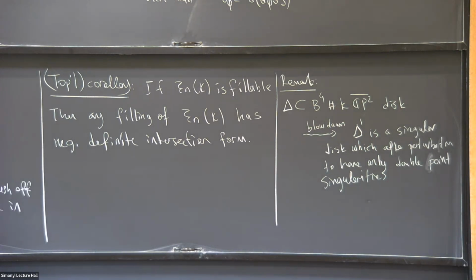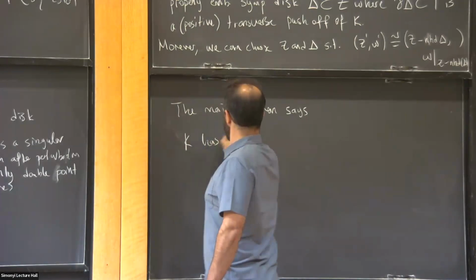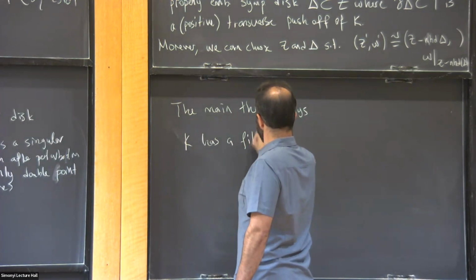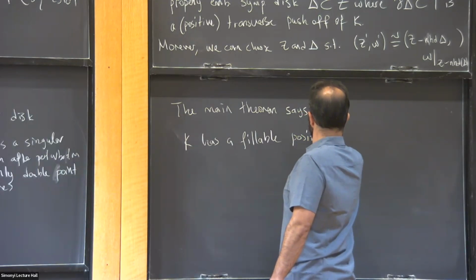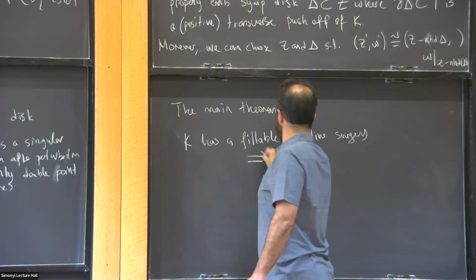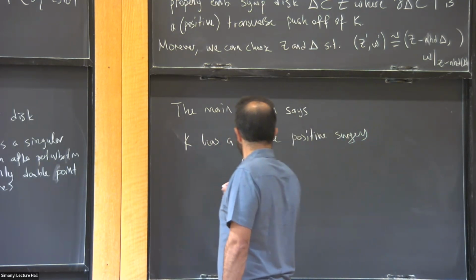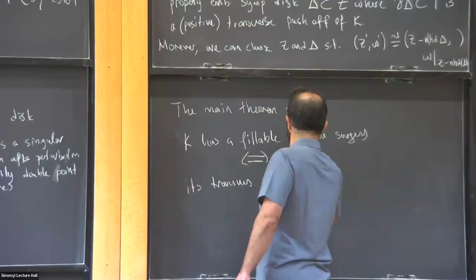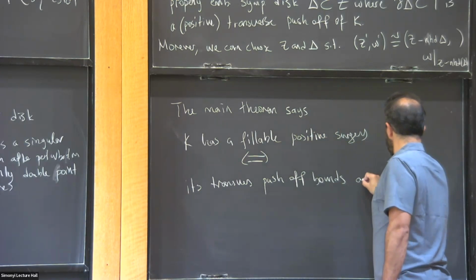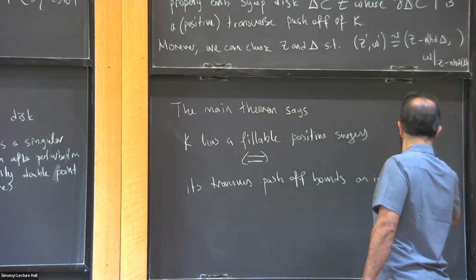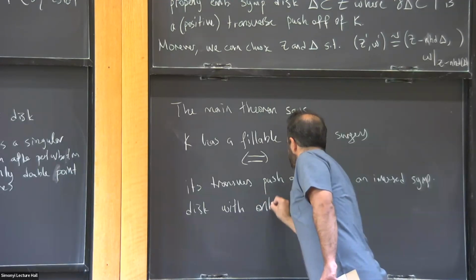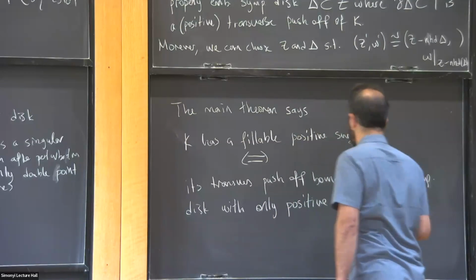The main theorem says, indeed, K, all along, is now not inside a strict standard... We did that specialization, K has a fillable positive surgery if and only if what we can say is that this transverse push-off bounds an immersed symplectic disk with, and here is the key part, only positive double point singularities.